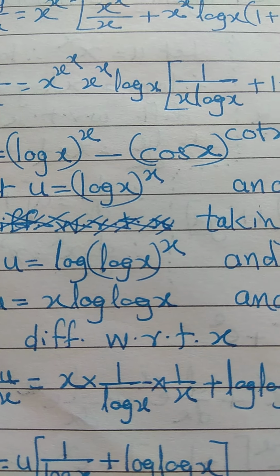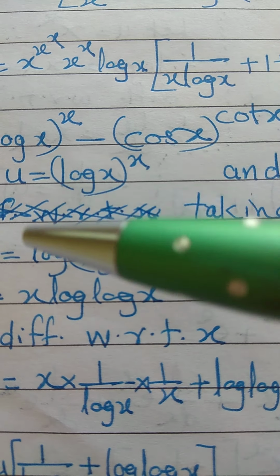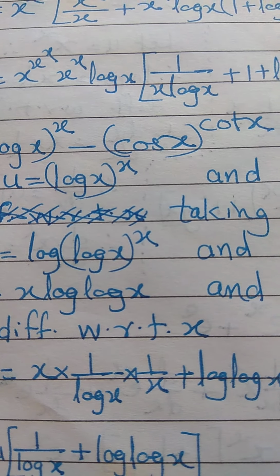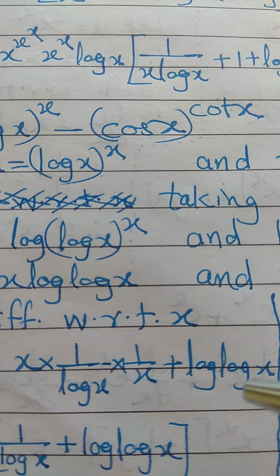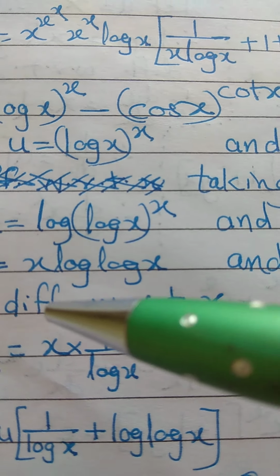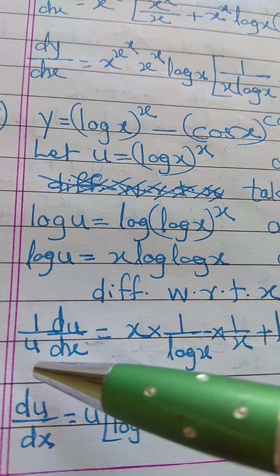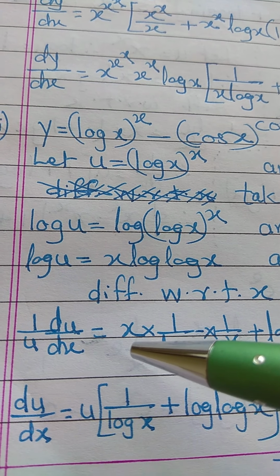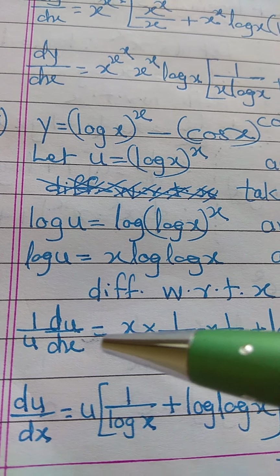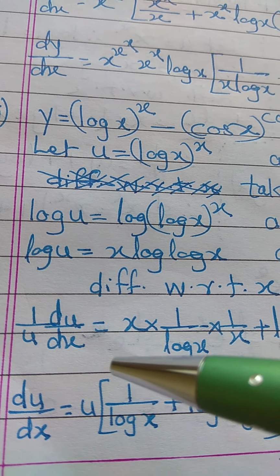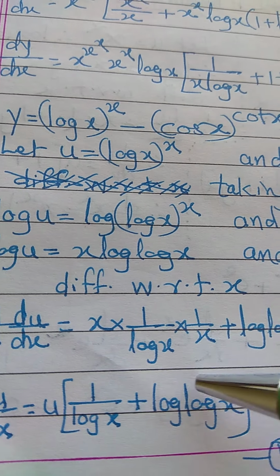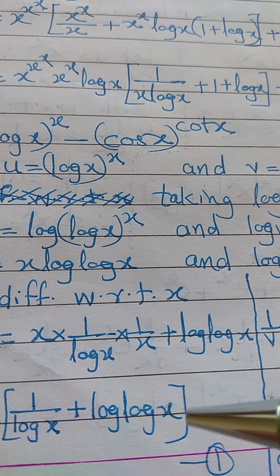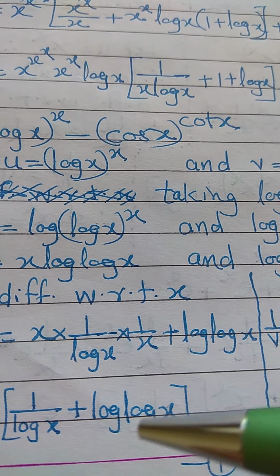Plus the second function log of x as it is into derivative of x, which is 1. This x and x will get cancelled. This u will go to that side and will become into u. What remains here is 1 upon log x plus log of x only.